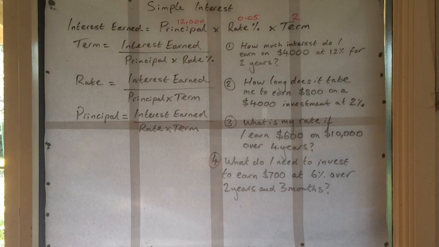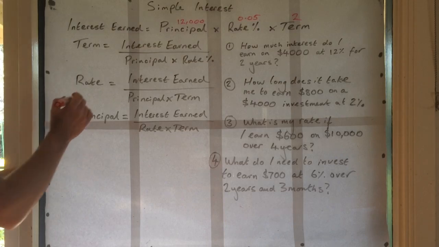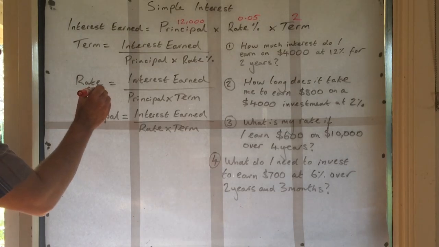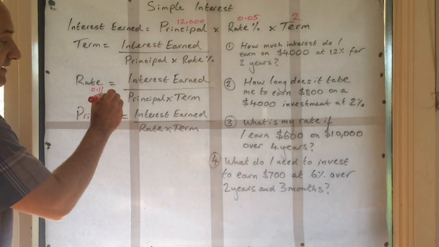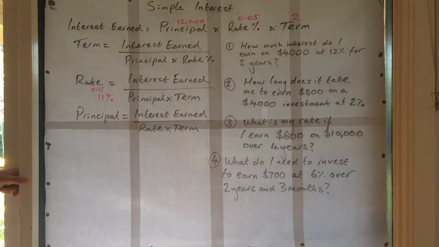And just remember that when we talk about rate, if we get an answer like this, that's not 0.11%, that is 11%. The number we get on our calculator is the answer as a decimal, so we need to multiply it by 100 to get the actual percentage.